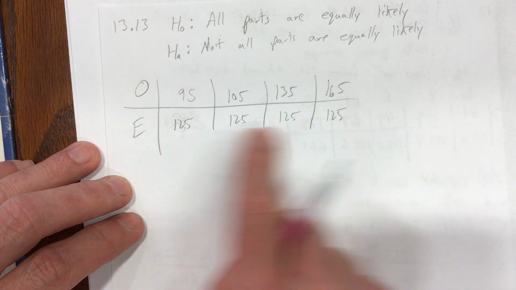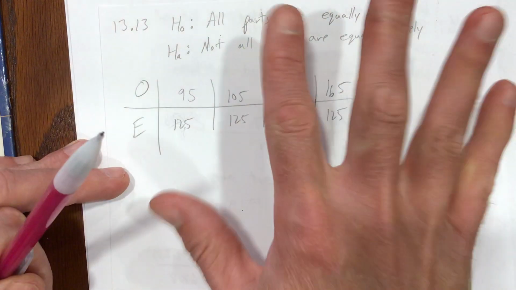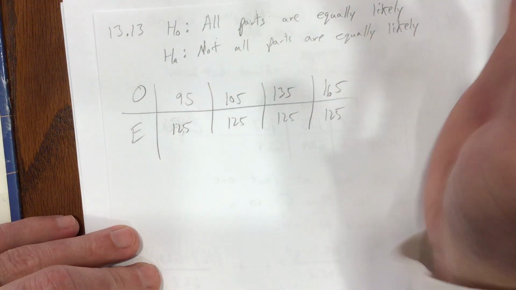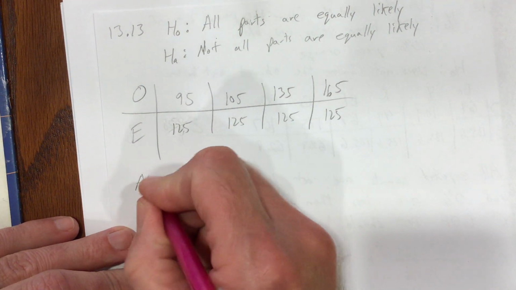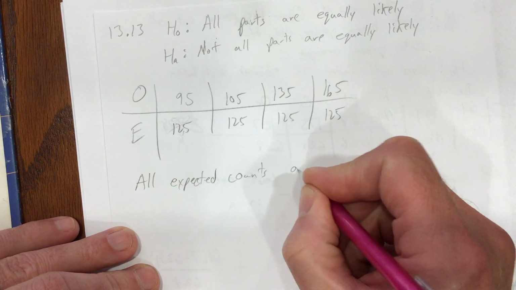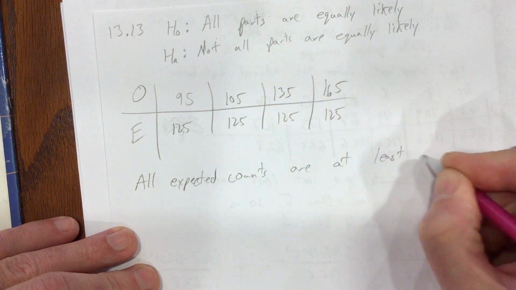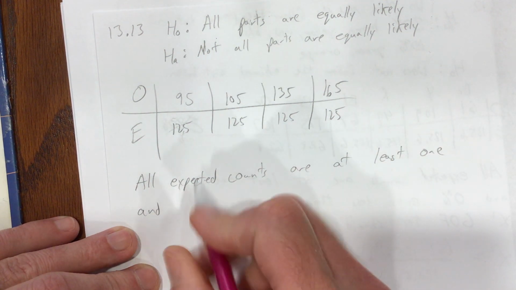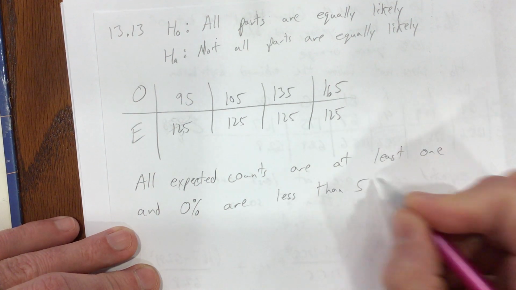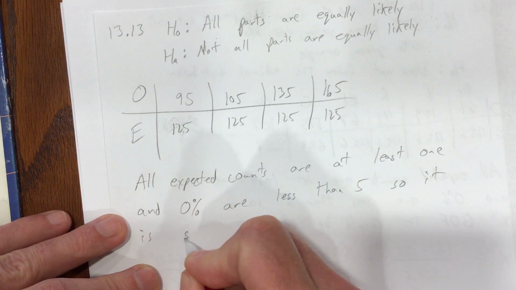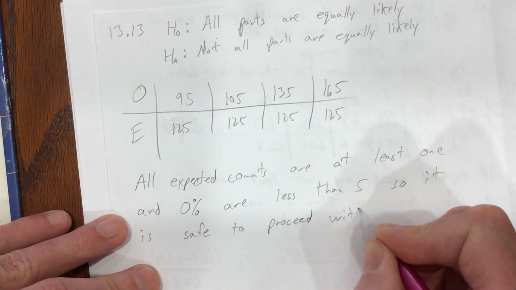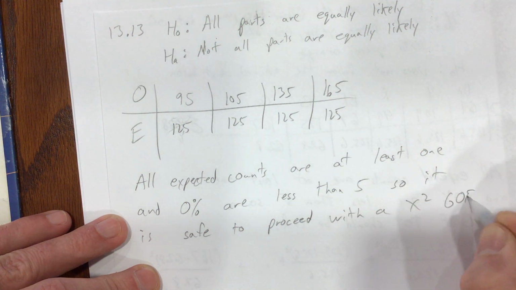Because this is 25% if one of them fails. Once you have up to 5 categories, now you can stomach one of them being between 1 and 5, right? Because that would be the 20%. So anyway, all expected counts are at least 1 and 0% are less than 5, so it is safe to proceed with a chi-squared goodness of fit test.